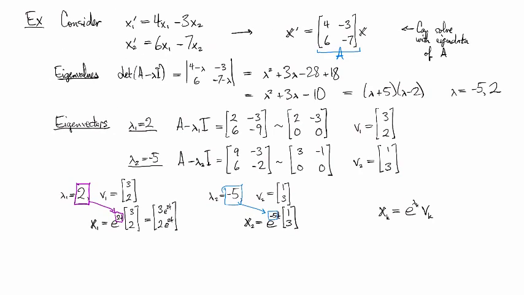Okay, so now let's check. And this will show why this magic trick works. So if we do A times x1, our A was [4, minus 3; 6, minus 7], and our x1 is e to the 2t times 3, 2.